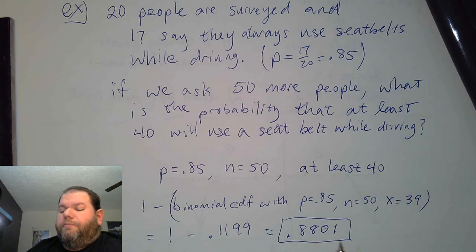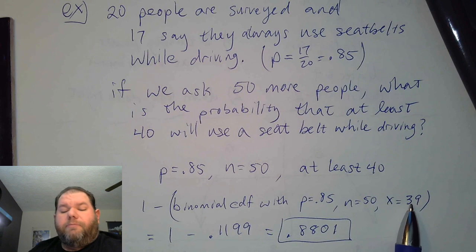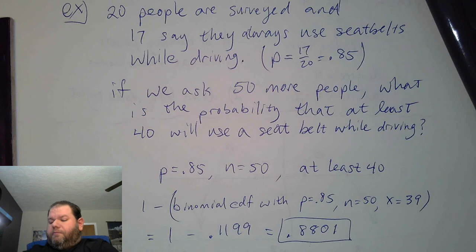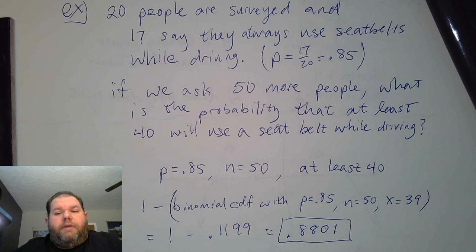And so basically what we calculated was the probability of less than 40, which was 0.1199, and then by taking the complement we now have the probability for at least 40, which is what we wanted. The binomial CDF, by its very nature, calculates the probability of the outcomes from 0 to x.